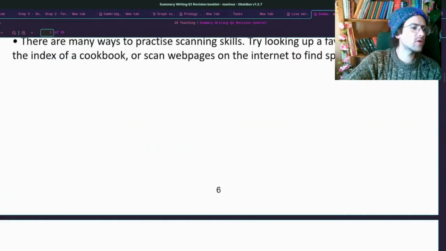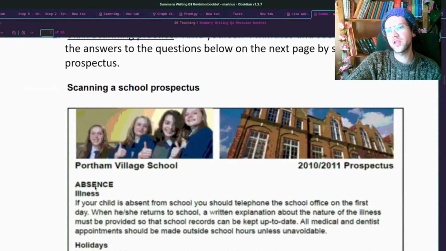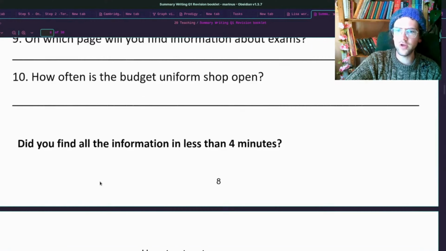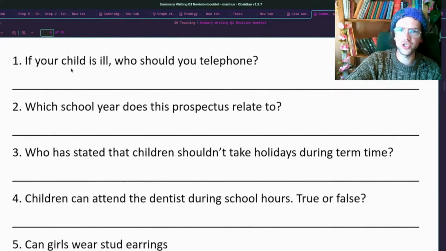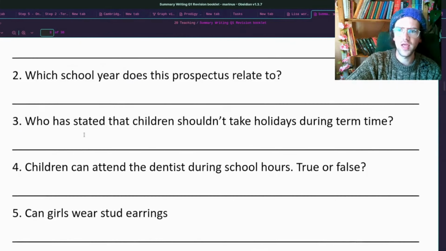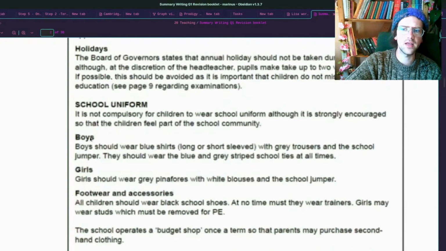Okay, I'm going to set a timer, and you are going to scan this piece of text. You are going to find all the information. You don't have to write it down, just find all the information in 4 minutes. Everything on page 8. Has everyone got it open yet?